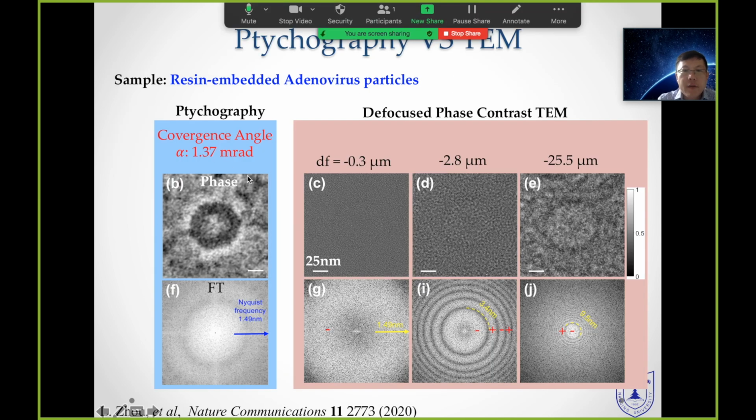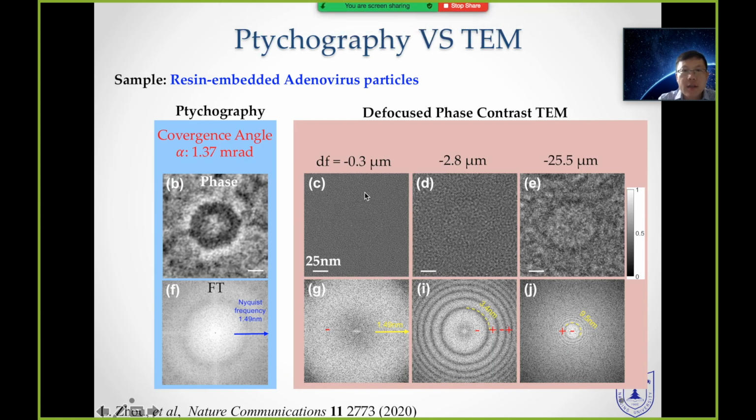This is the ptychography reconstructed phase of the same sample using a 1.37 milliradian converging angle. It shows the overall shape of the particle with really good contrast. It has a core-shell structure with a hexagonal shell matching the capsid coating and a triangular core corresponding to the internal genome.